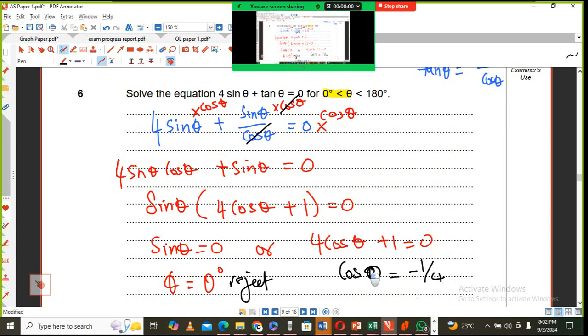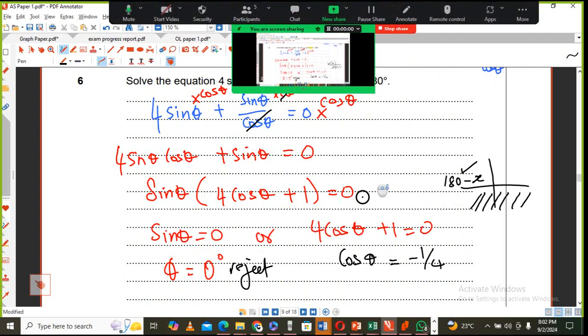Now, because our domain is from 0 to 180, in which quadrant is cosine negative? In the second and the third. Okay, but the third is not part of our domain. You agree? Okay. So I'm going to put here x. First we're going to calculate the acute angle.